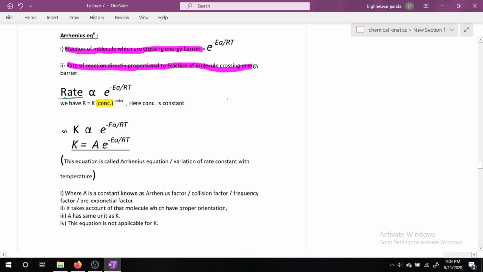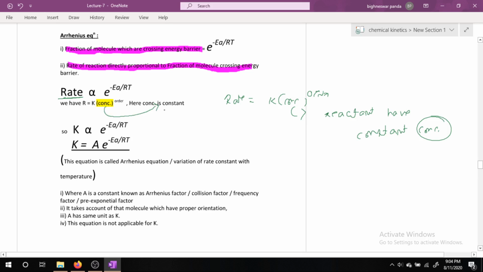And we have rate is equal to K into concentration to the power order. For a reaction to happen, the reactant molecules should have constant concentration. So here concentration is constant.